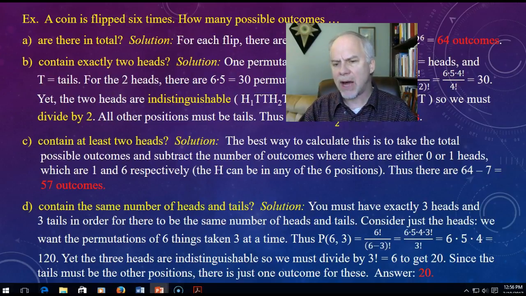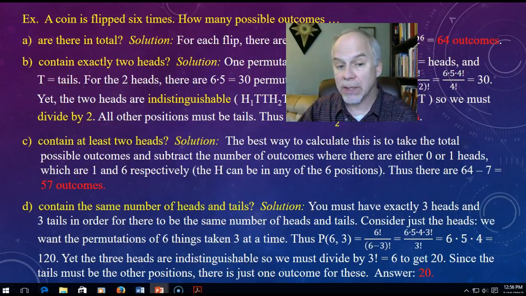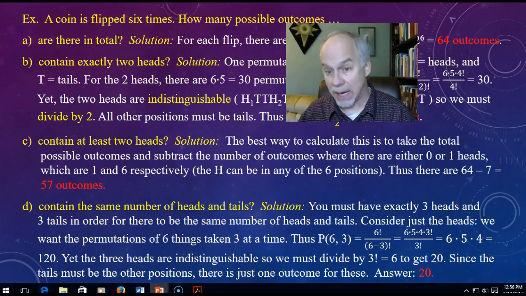See, we're doing how many have at least 2. At least 2 means 2 or higher. The opposite of that is 1 or 0. So if we can find how many have 1 or 0 and subtract that from the total possible outcomes, we could get the answer. Now, there's only one way to get 0 heads.